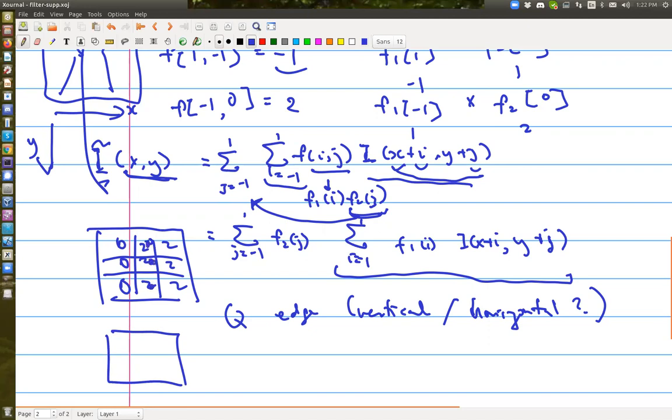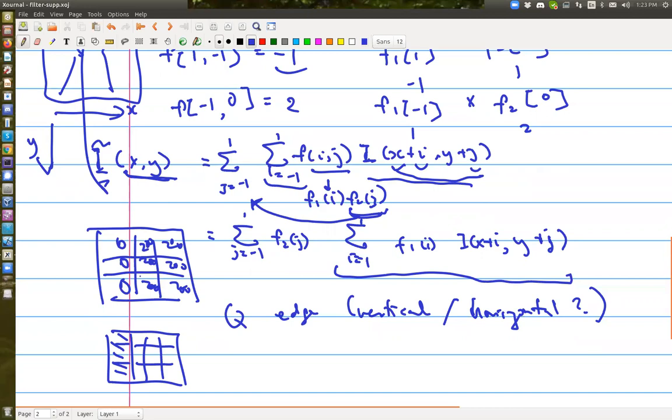Then you will have something dark here, and then these pixels are rather bright. Sorry, these 6 pixels will be rather bright, and these 3 pixels will be pretty dark. So apparently this is an edge, a vertical edge.